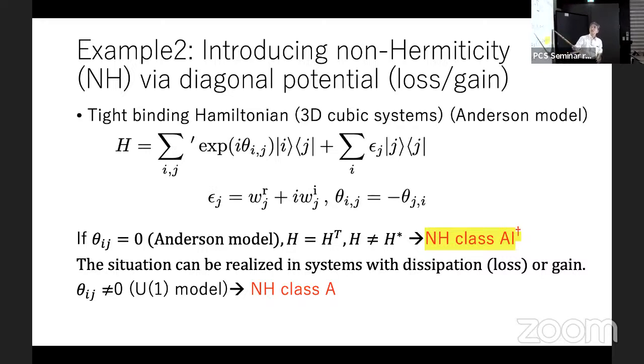But if this theta is there, I mean, if there isn't any parallel space, this part is symmetric. So the Hamiltonian is symmetric if theta is zero. But it is not equal to H conjugate because of this non-Hermiticity. And this we call non-Hermitian plus A1 dagger.